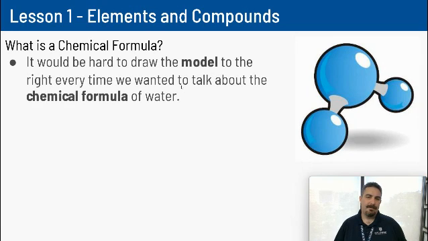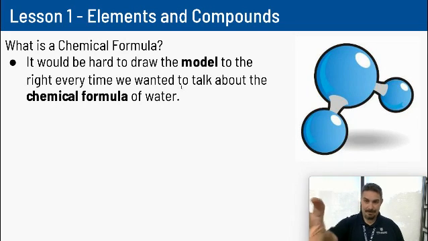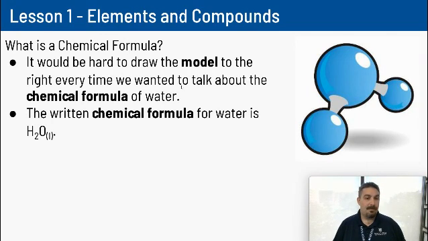Okay, so it would be hard to draw this every time we want to talk about the chemical formula of water. Every time we want to point out how there's this one big piece and two small pieces. I'm sure you've heard of H2O, right? There's two hydrogens and one oxygen. Drawing this whole thing every time we talk about what water is made of would be a pain. So we write it out, and here's an example. H, little 2, O, and a little L in parentheses.